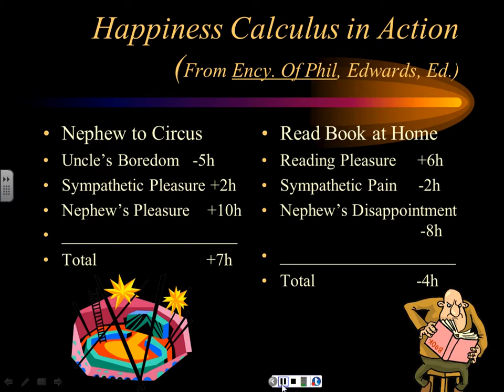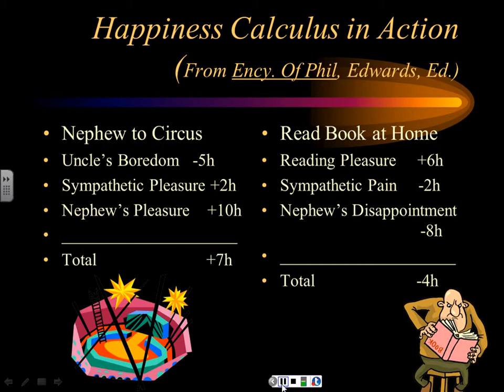Because note, here, the side you don't choose, what comes to the uncle? Well, only plus 2 hedons worth of pleasure for himself, minus 5 hedons worth of pain of boredom. So it's minus 3 hedons for the uncle here.